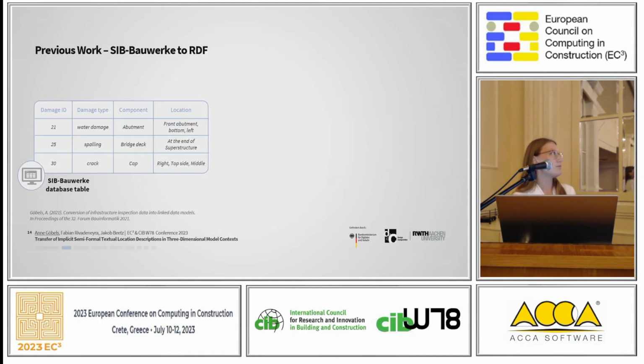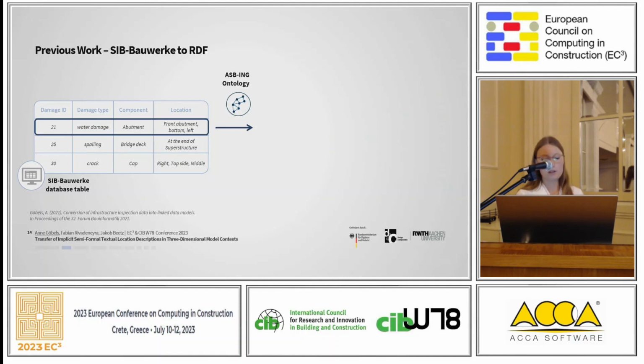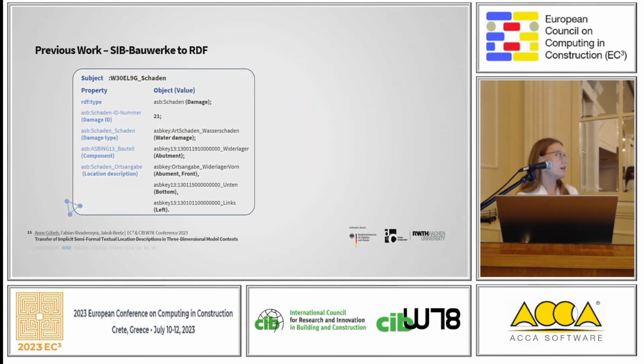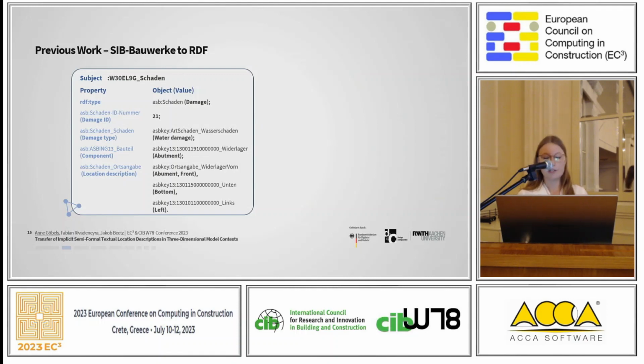Now coming to the previous work, just very quickly. I said that we converted the database tables into RDF, and we used our ontology for that. This is how one damage object looks in RDF now. Basically, the columns are now the properties. And when you look at it, this damage object actually has lots of different information inside.